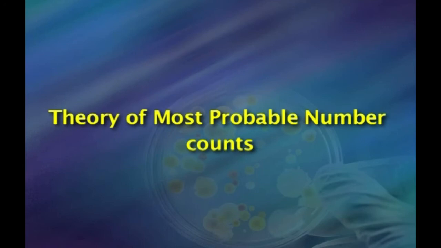The theory of most probable number counts. The MPN technique is a statistical method of estimating the concentration of bacteria. Imagine a hypothetical situation where a sample of water contains 10 bacteria evenly dispersed in 100 ml of water.